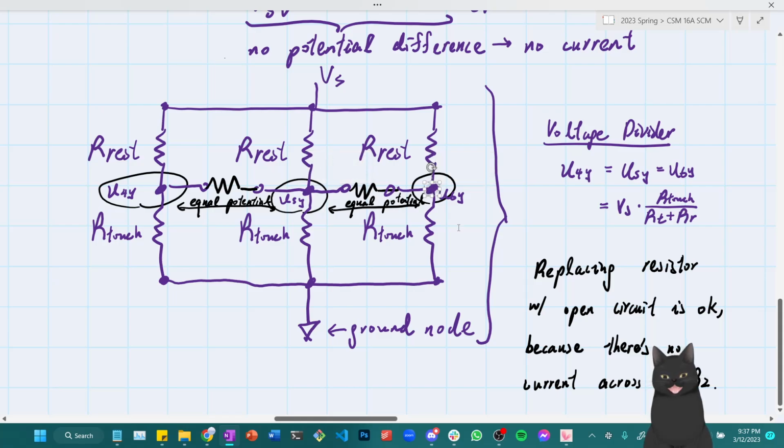The reason that the middle nodes are the same is because we use the voltage divider and the proportion of the supplied voltage supplied to these single nodes are the same. And the further reason is because the proportion R_touch over R_touch plus R_rest is the same.